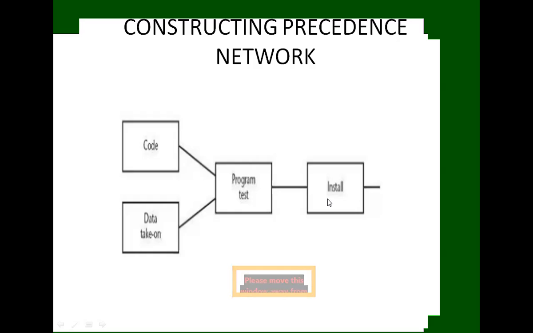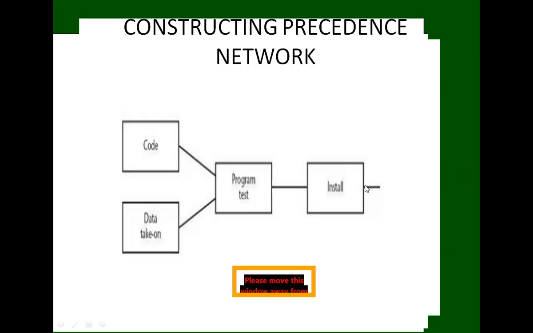Constructing a precedence network means some rules apply. A project network should have only one start node and only one end node. A node has a duration, and links normally have no durations.